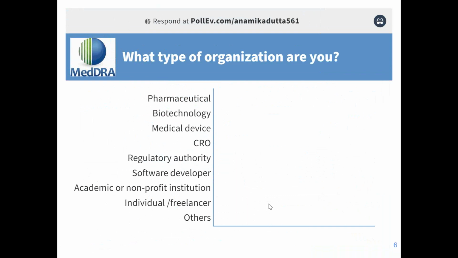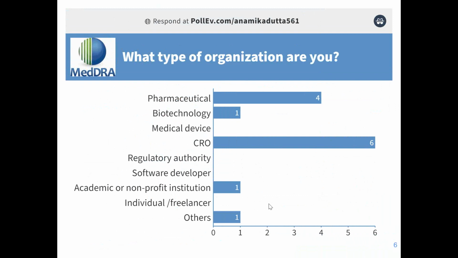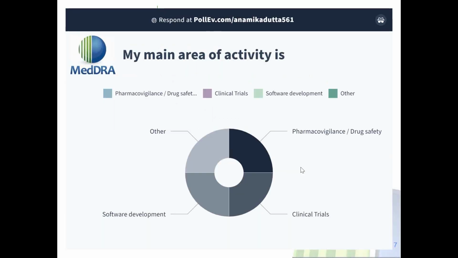And then what type of organization do you work for? Are you a pharmaceutical company, CRO? Do you develop software? Are you with a regulatory agency? Okay, so it looks like we have a lot of CROs and pharma companies.